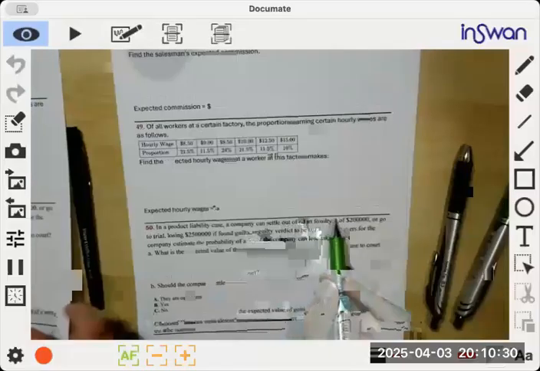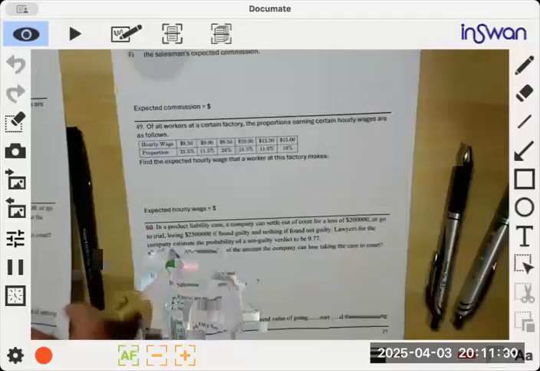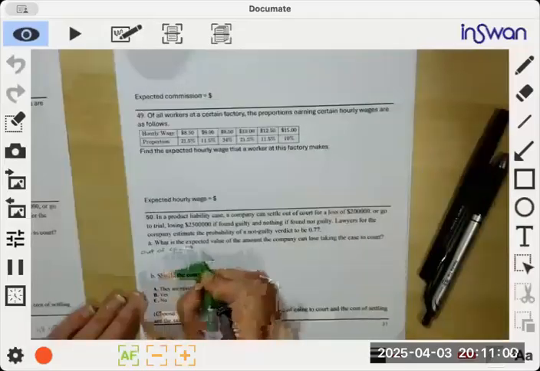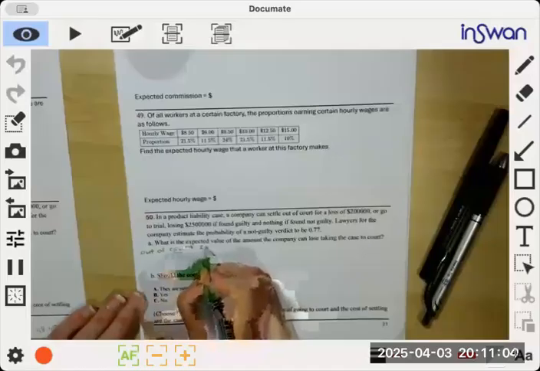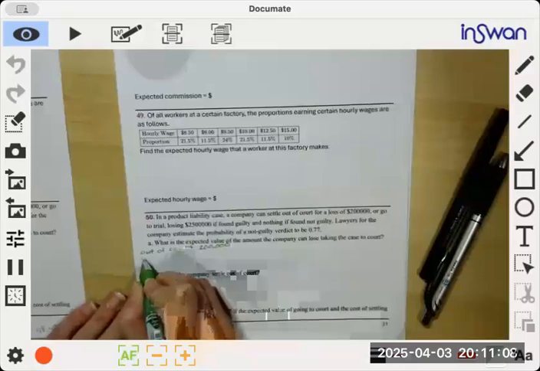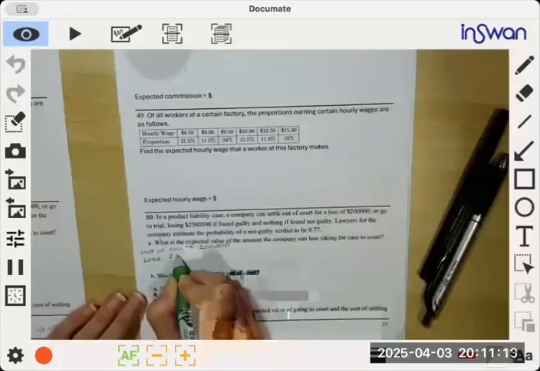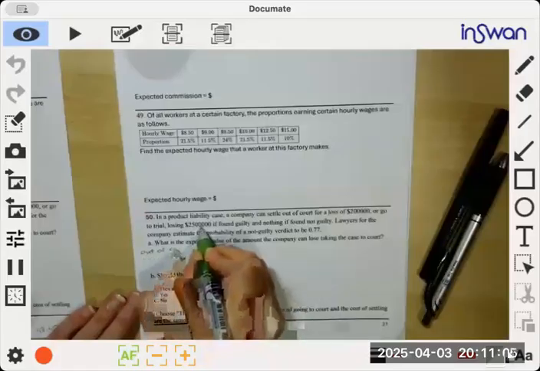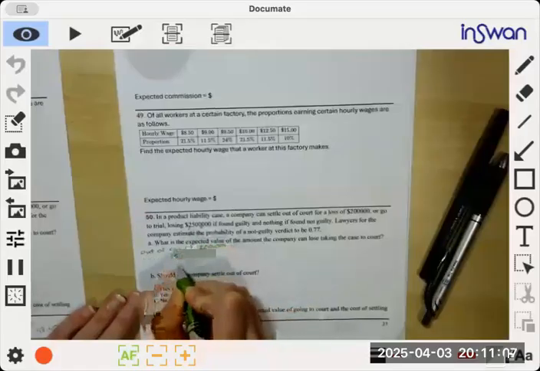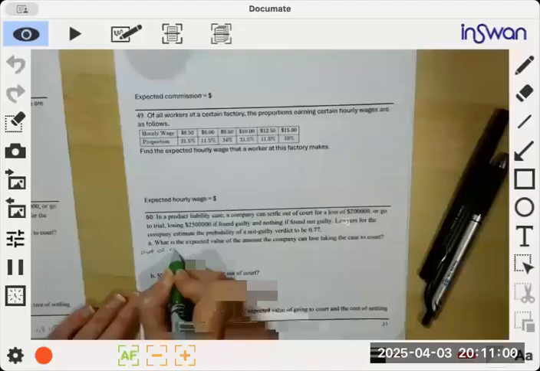In a product liability case, a company can settle out of court for 200,000. If they go to court and they lose, they're going to lose 2,500,000. Ooh, that's not good.